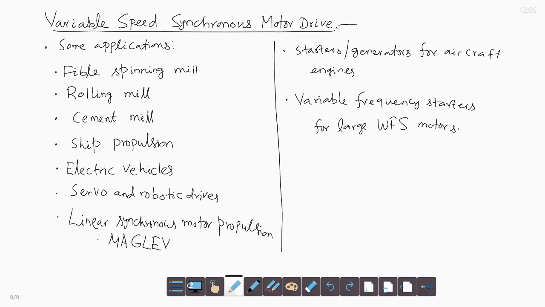So, these are some of the applications of variable speed synchronous motor drive.